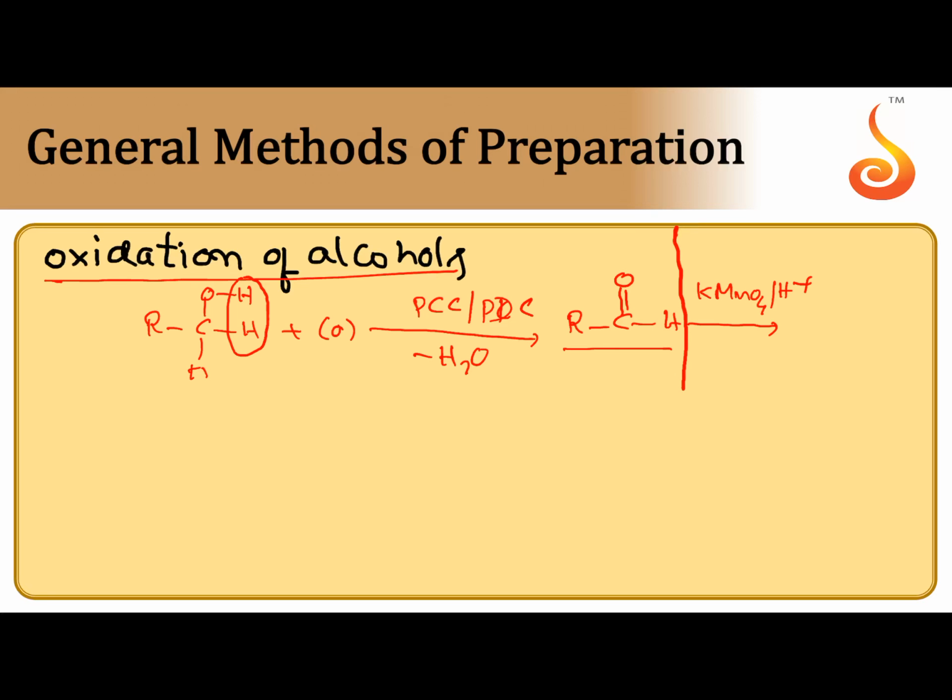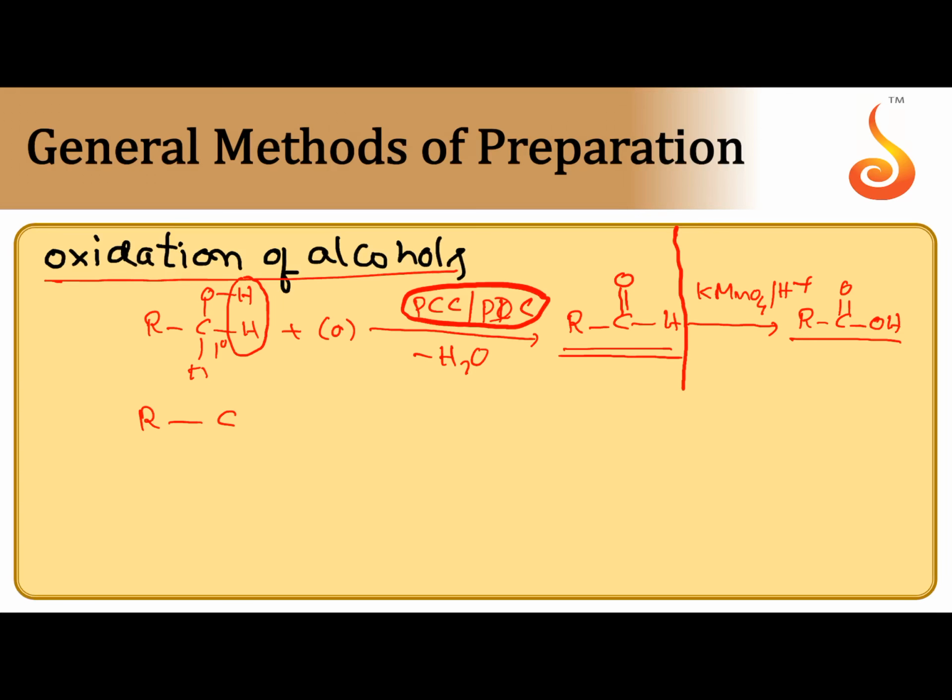But if a strong oxidizing agent like acidified potassium permanganate or acidified potassium dichromate is used, what happens? Further oxidation takes place since the aldehyde is unstable. So the final product obtained is carboxylic acid. So when we want to prepare aldehydes from primary alcohols, definitely the mild oxidizing agent PCC or PDC must be used.